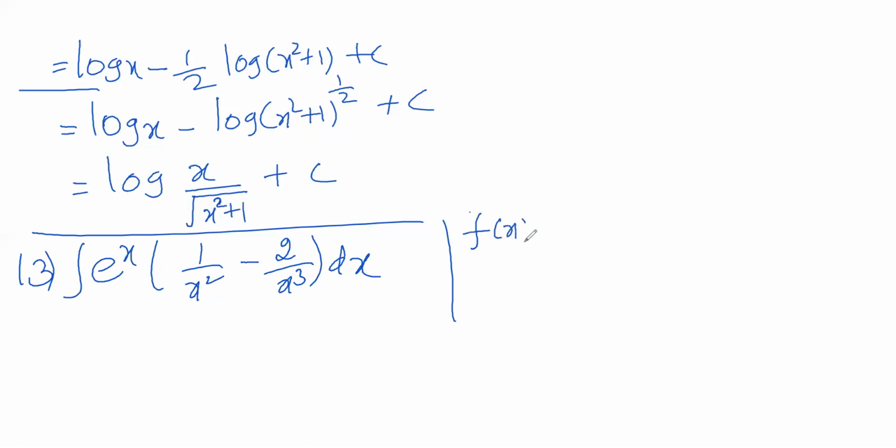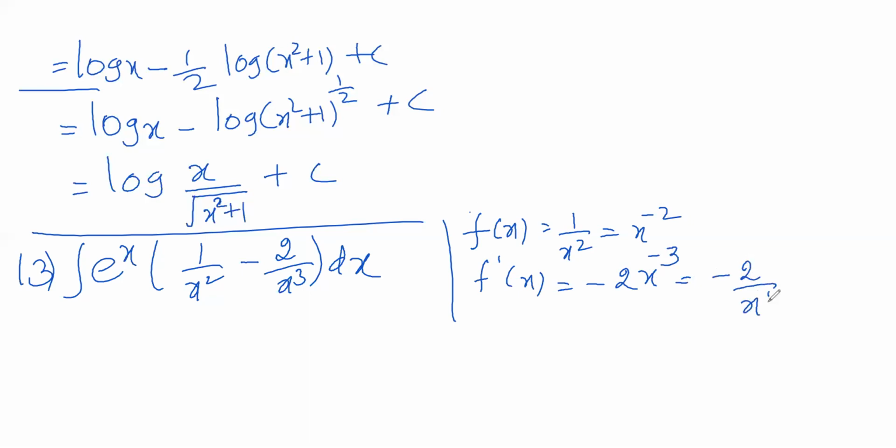Taking f of x as 1 by x squared, which we write as x power minus 2. Now what is f dash of x? That is minus 2 into x power minus 3, which is minus 2 by x cube.